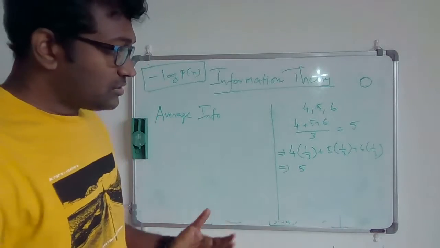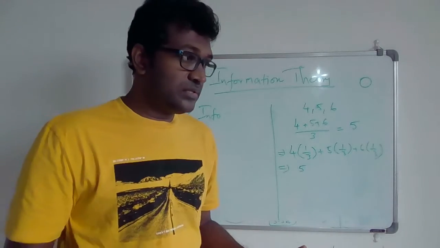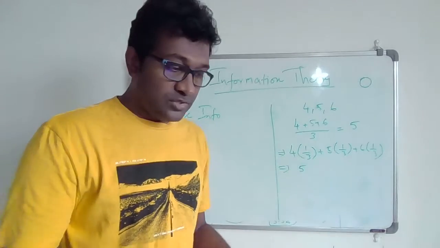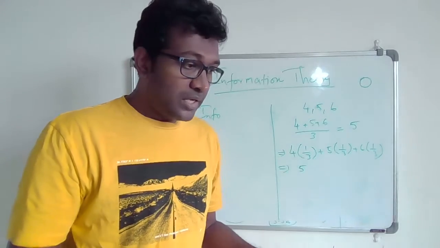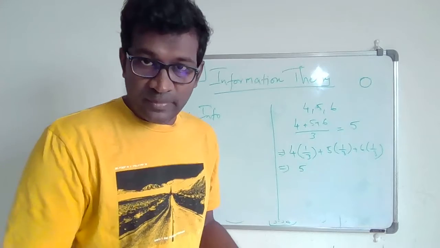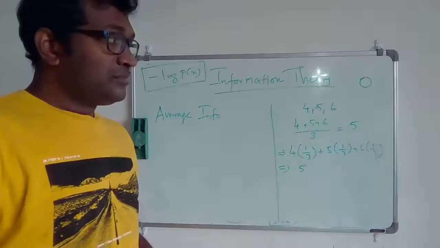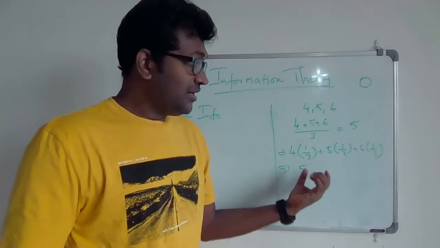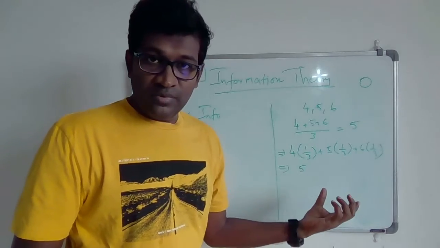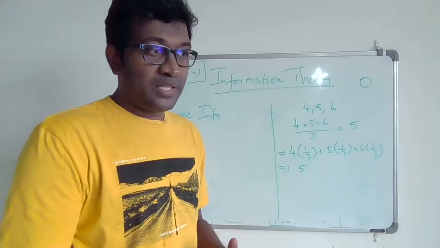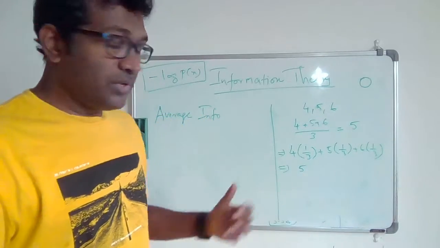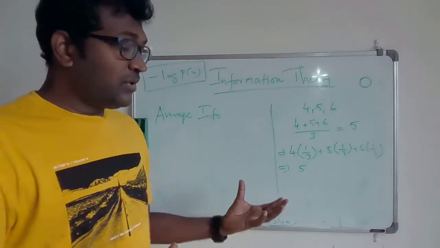Suppose I say that the student's mom is a mathematician, his dad is a mathematician, and his sister is also a mathematician. Can I give equal probability for him to score marks in mathematics compared to some other student whose parents are not equally qualified? The chances are low, but we do not do this normally.